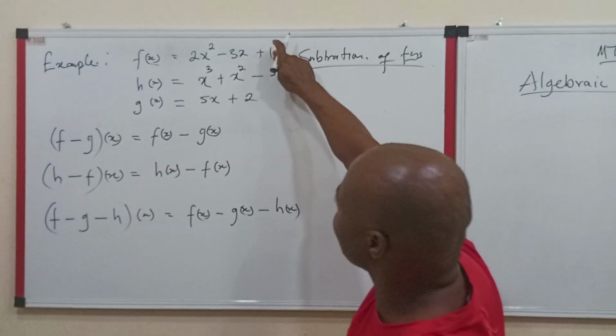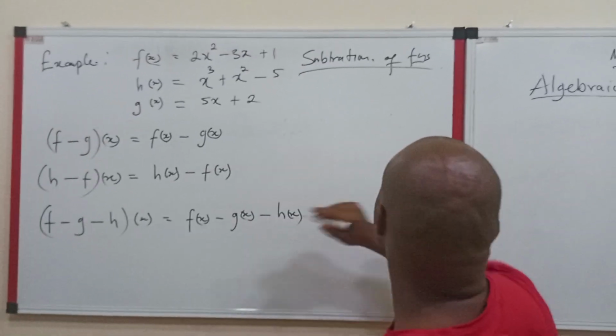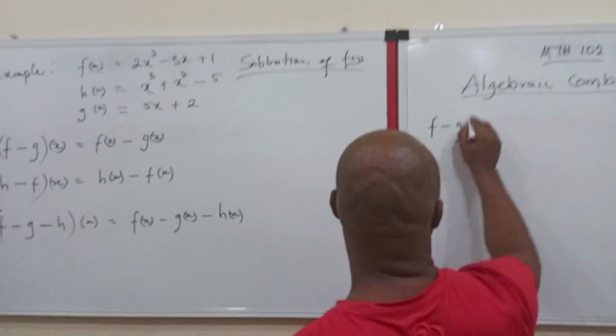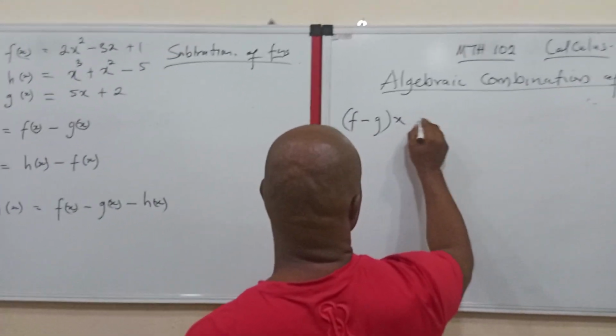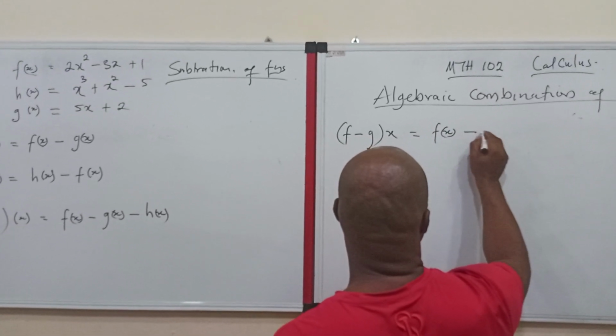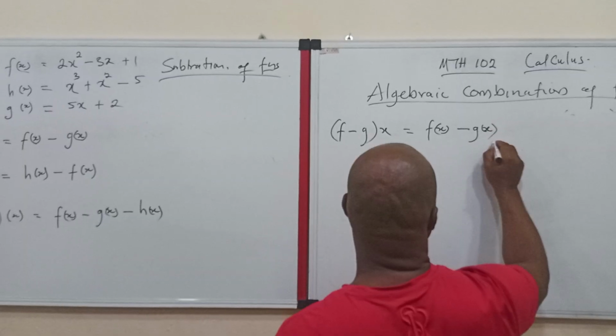Knowing that our f of x is this and our g of x is this, therefore, f minus g all of x is equal to f of x minus g of x.